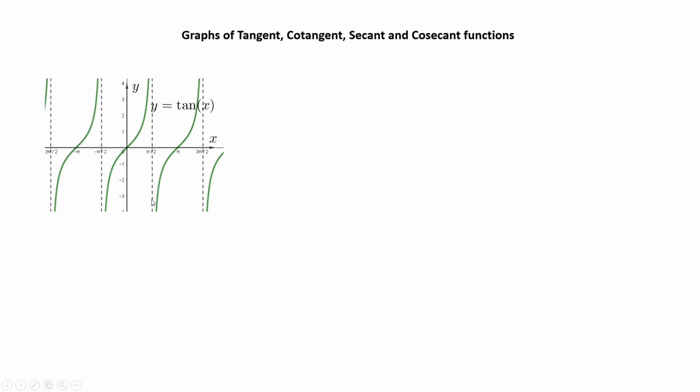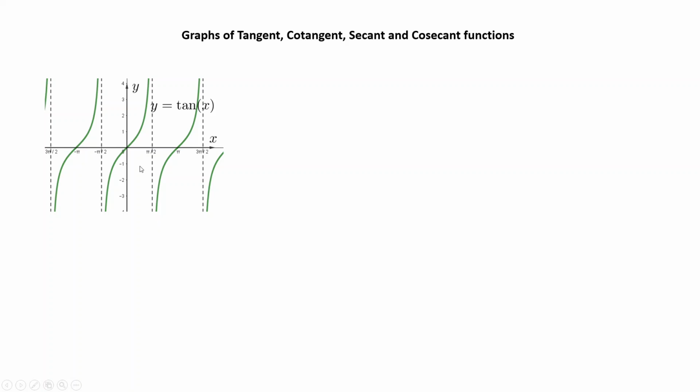In this case, it just so happens that at x equals pi half there is a vertical asymptote, and to the left of pi half the graph of tangent x approaches positive infinity, whereas to the right of pi half, the graph approaches negative infinity. Even if only one of these conditions were satisfied, say only to the left it goes to positive infinity and to the right it is a finite value, we would still say there is a vertical asymptote at x equals pi half.